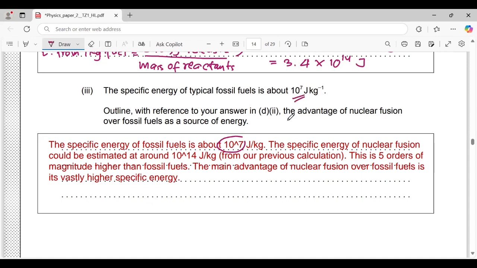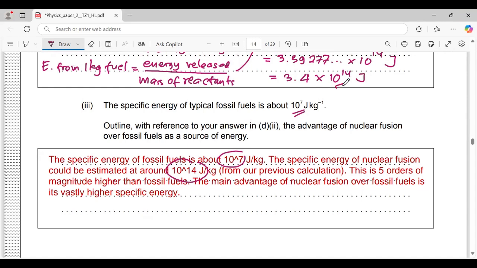The specific energy of nuclear fusion is about 10 power 14, according to our calculation. This is 7 orders of magnitude higher than fossil fuels. The main advantage of nuclear fusion over fossil fuels is its vastly higher specific energy, of course, because this is 10 power 14 and this is 10 power 7.